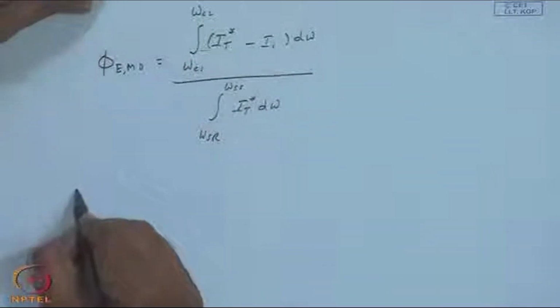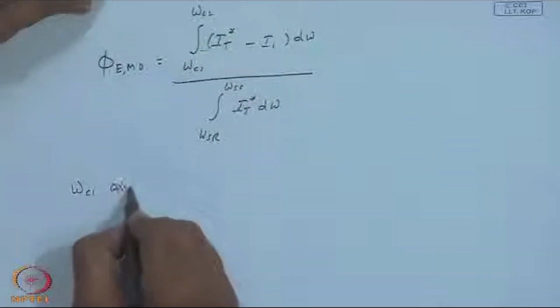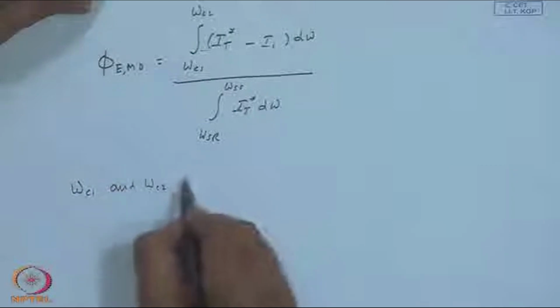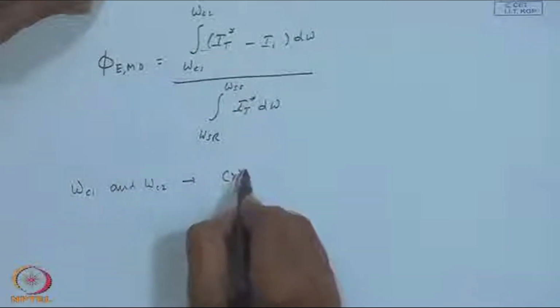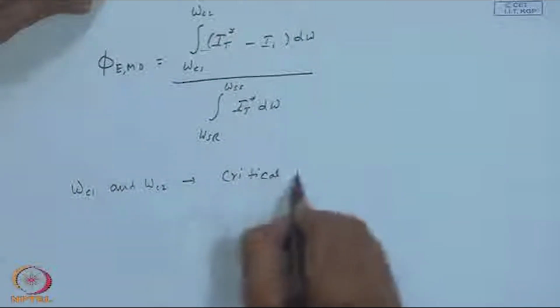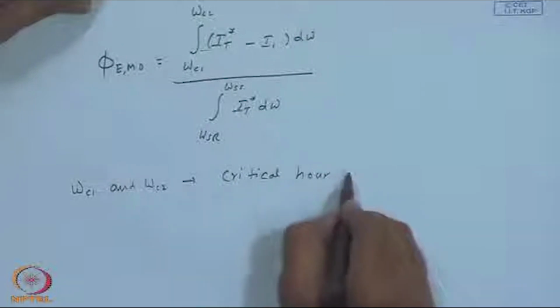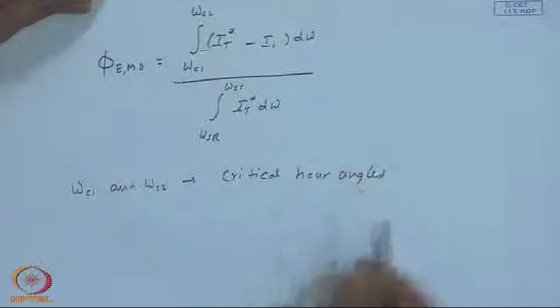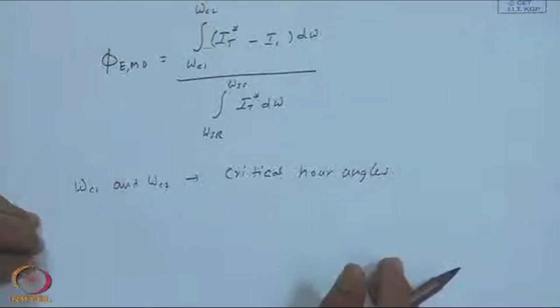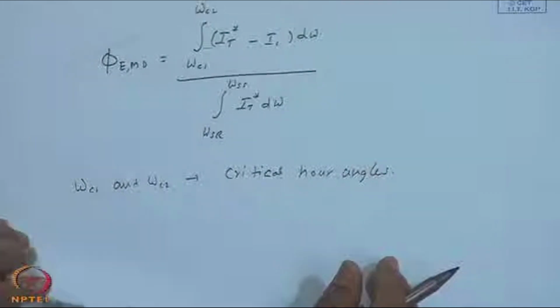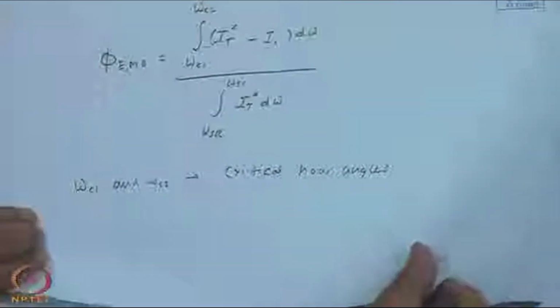Omega C1 and omega C2, which I shall call the critical hour angles, may or may not be equal magnitude wise depending upon whether it is a south facing or non south facing collector.